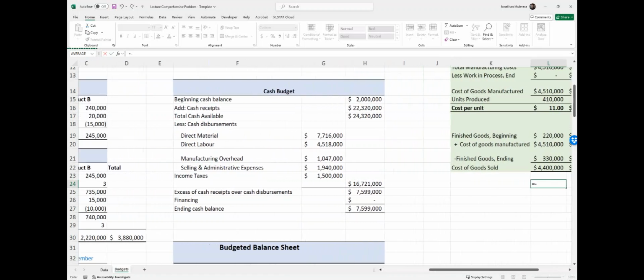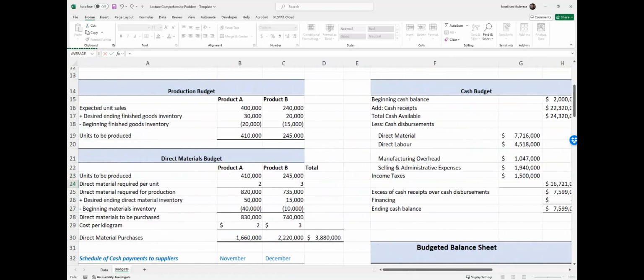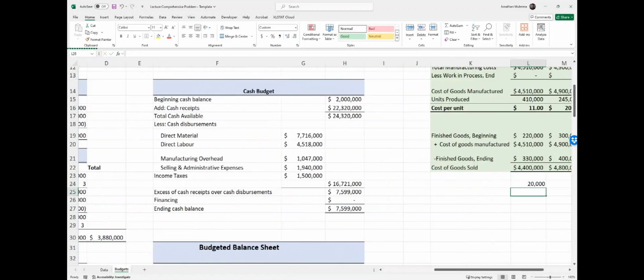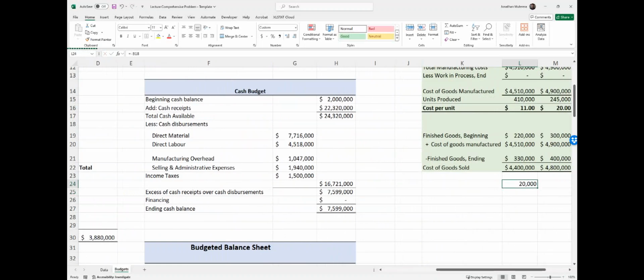finished goods. If you go to the finished goods for product A and for product B, so if I take the 11 times the finished goods, 220. Oh wait, was that my bad? That wasn't the right amount. That was beginning, so I need to go and grab the right one.